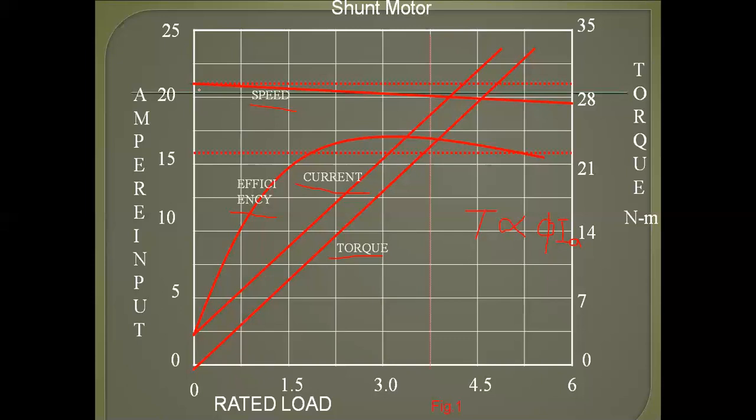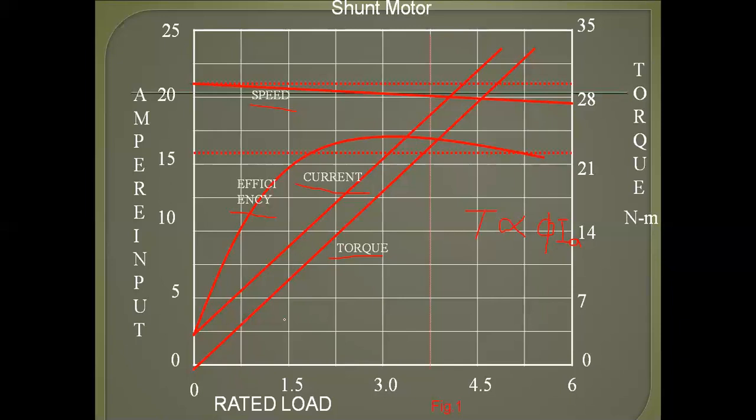Next, from the efficiency output curve, it is noted that the efficiency of a shunt motor increases rapidly in the beginning, reaches its maximum, and then falls. In shunt wound motors, the field, friction and iron losses are approximately constant, but at light loads their percentage is high as compared with load.